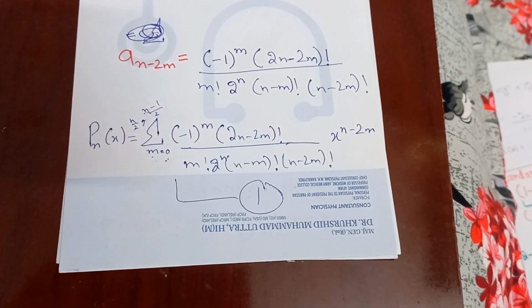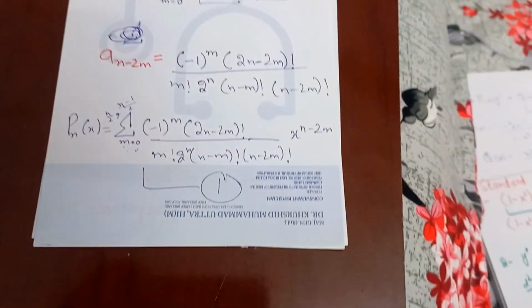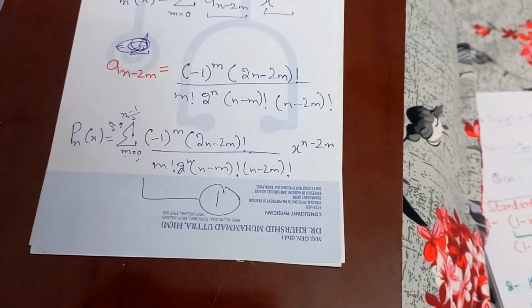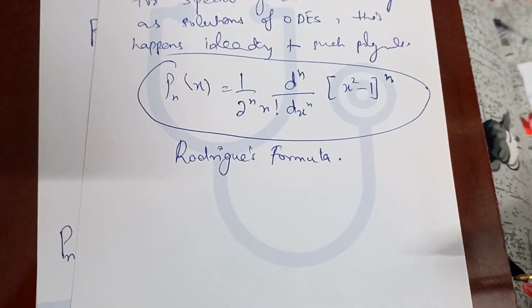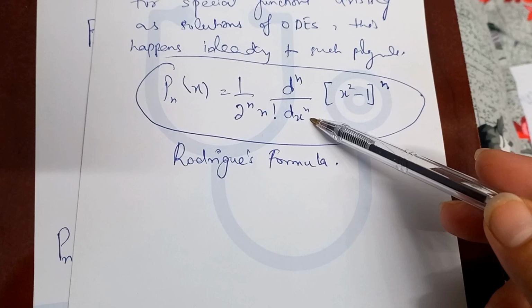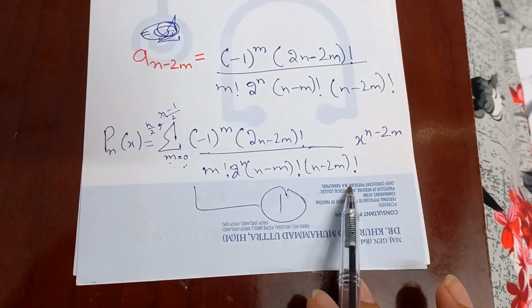And there is another formula, which is the Rodrigues formula, I don't know how to pronounce it, but it's Rodrigues formula. Here it is. This is the Rodrigues formula in terms of derivatives. Here we are seeing this solution expressed in terms of series.